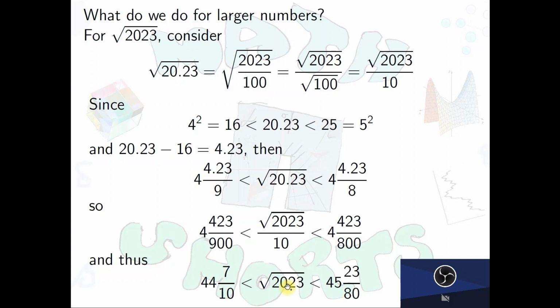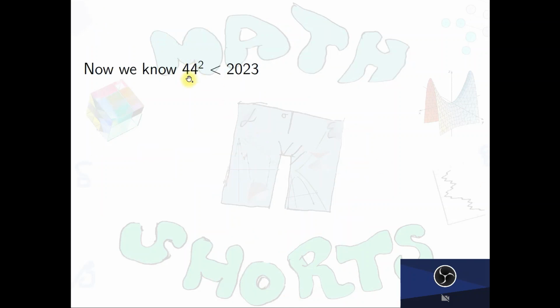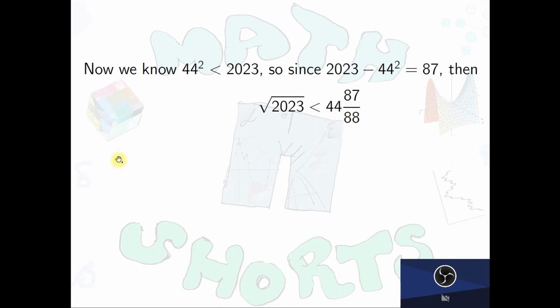But now that we know that, we can actually do it again, knowing that it's a little bit bigger than 44 squared. So if I know that 2023 is a little bit bigger than 44 squared, we can say, now imagine if I had 44 squared, I'd have 2023 minus 44 squared, which is 87. I've got 88 blocks, 44 and 44, to fill up.